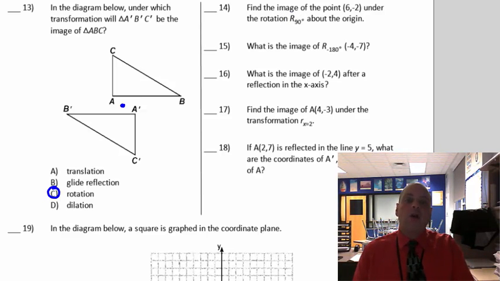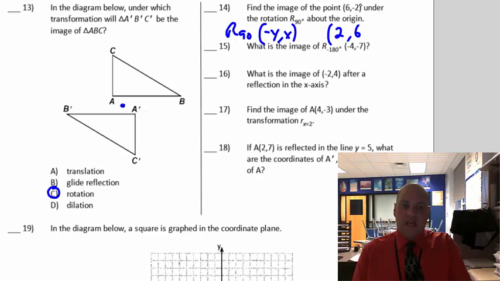Again, coordinate rules. The rule for rotation 90 is negative y, x. So we're going to switch the numbers, 2, 6, and then change the sign, so that's going to become just 2, 6.